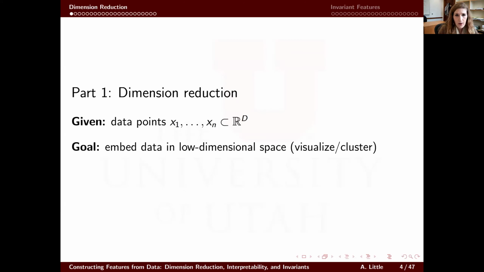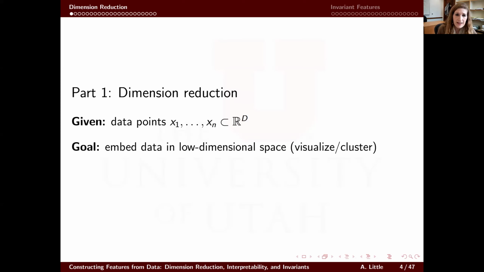Okay, so I opted for a bit of a high-level talk, telling you a little bit about a lot of different topics I've been working on. So hopefully that'll keep it from getting too boring. But I want to start off talking about dimension reduction, one of those first goals. So here, it's a very simple setup.